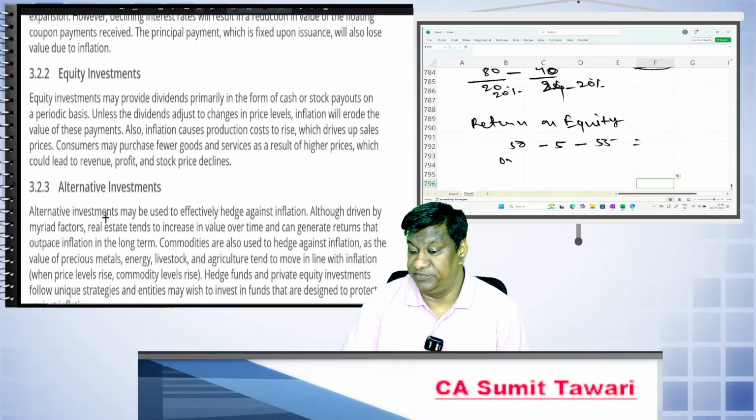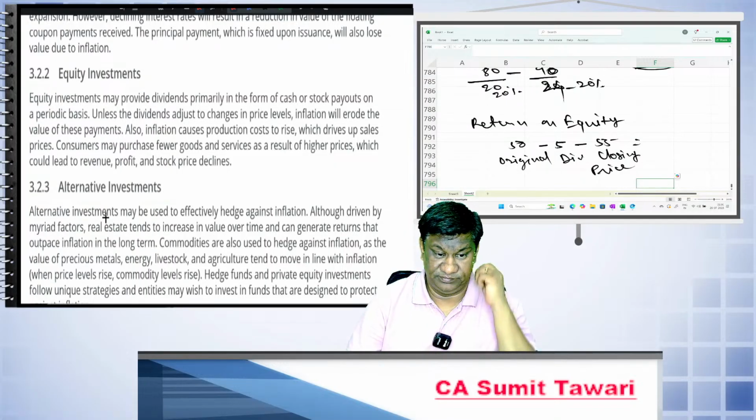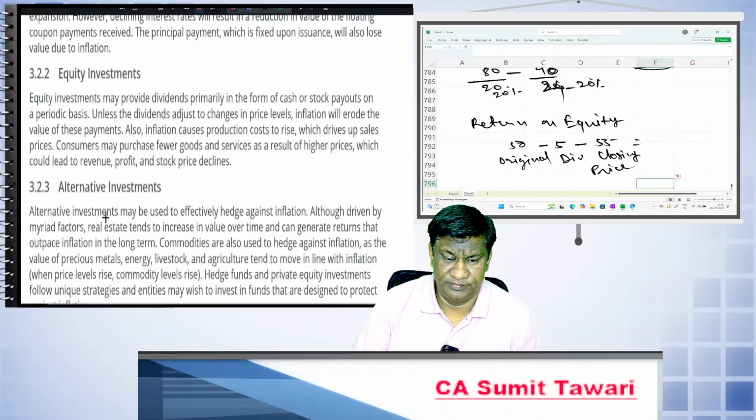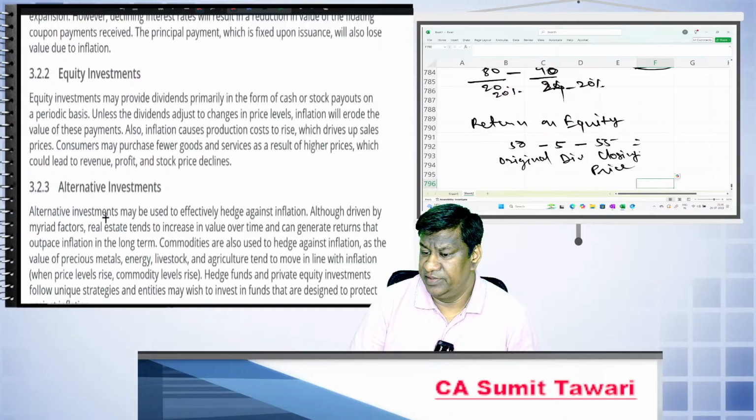This is the original price, dividend, and this is my closing price after paying the dividend. What is my return? Any guess?